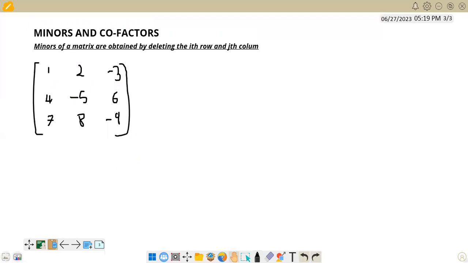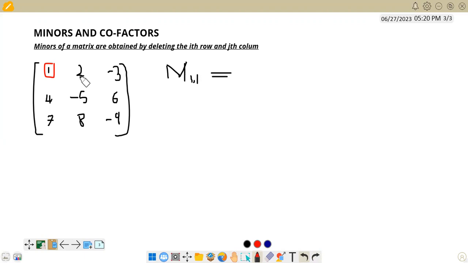Okay, so we have this matrix. For example, we have been asked to find the minor for row 1, column 1. We look at this: this is row 1 and column 1, and this is the element. Now we need to find the minor for this location.